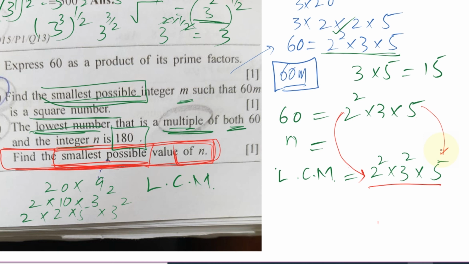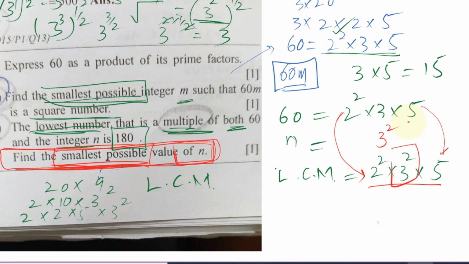Even if there is no 5 in n, the 5 can be taken from 60. But in case of 3, in the answer we can see there is 3 square, which is not present in 60. It means there should be 3 square in n. Why? Because we take the highest power from the common.